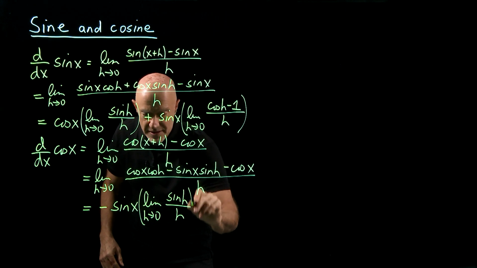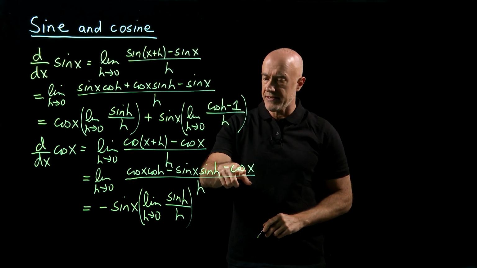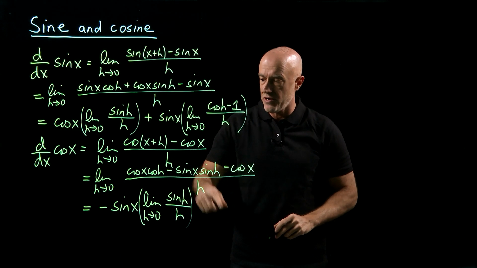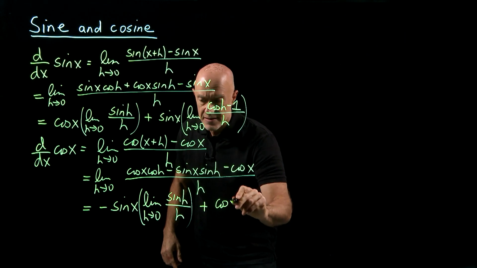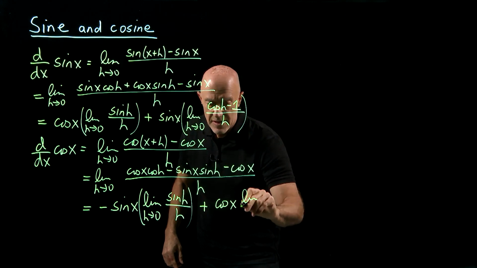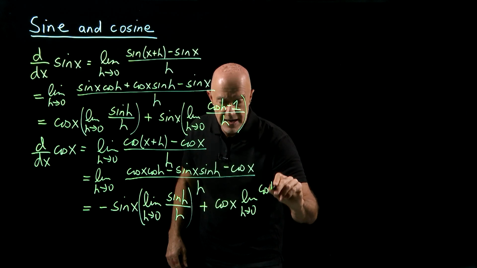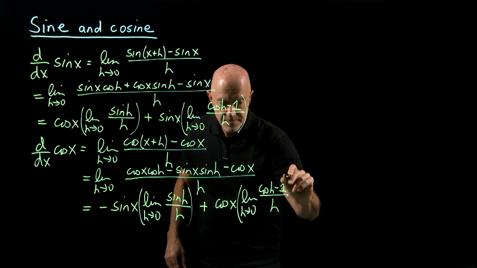So this first limit again. And then if we factor out the cosine x this time, then we'll have, again, the cosine h minus 1 over h. So that would be plus cosine x times the limit as h goes to 0 of the same limit here, cosine h minus 1 over h.